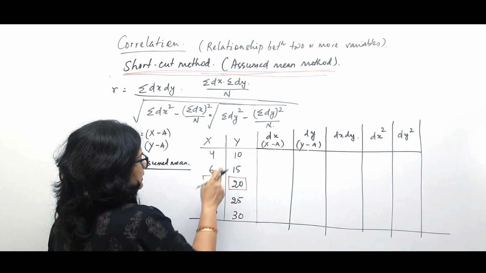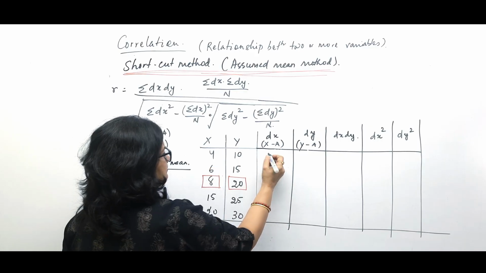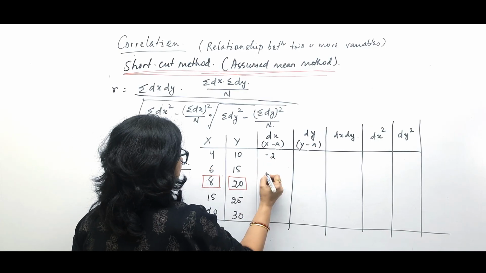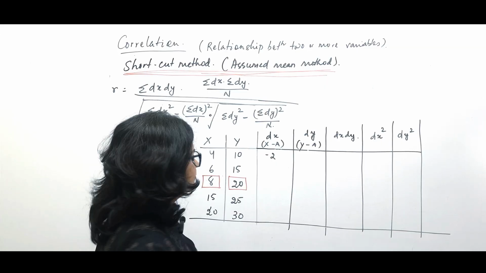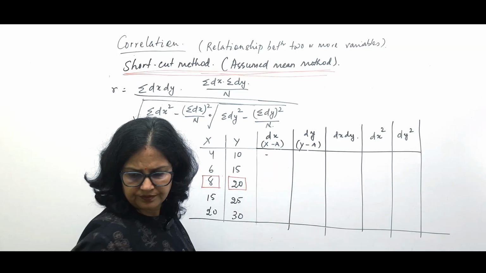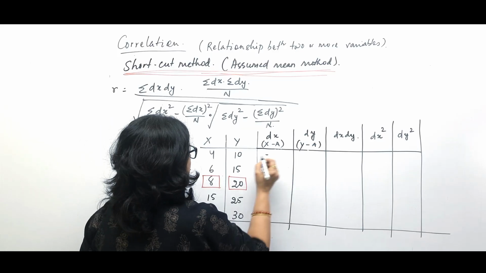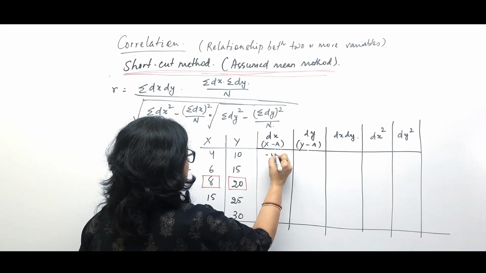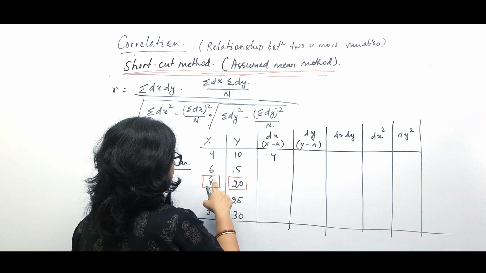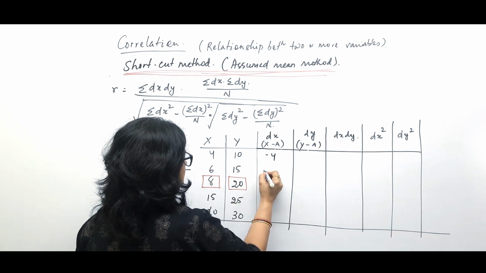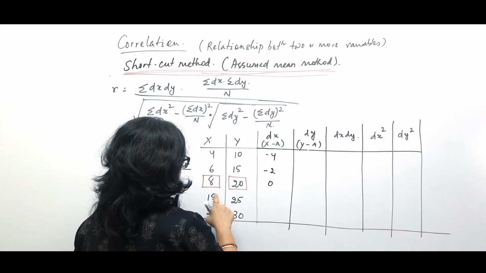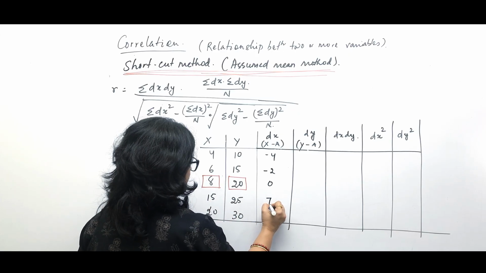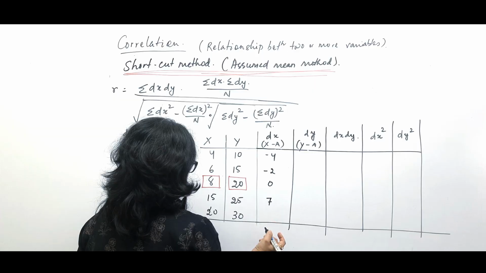So 4 minus 8 is minus 4, 6 minus 8 is minus 2, 8 minus 8 is 0, 15 minus 8 is 7, and 20 minus 8 is 12.